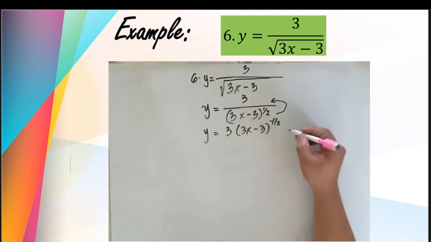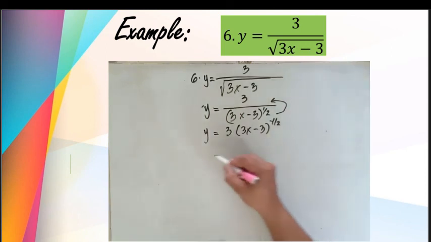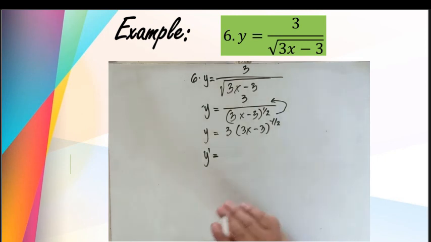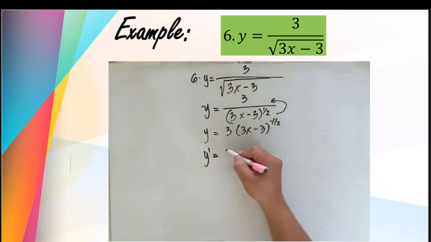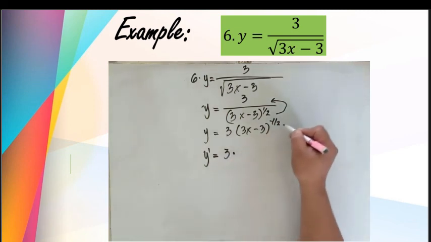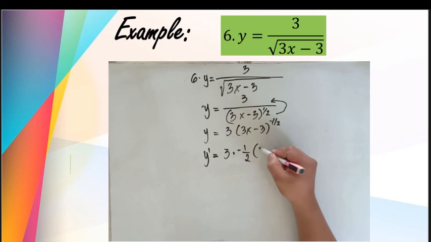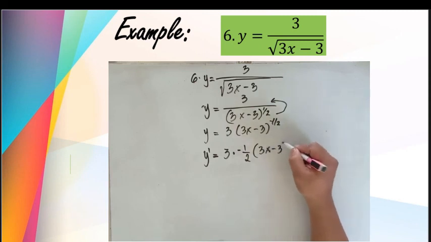So from this, I am now ready to apply the chain rule. Let's put prime on the y to indicate that we are now solving the derivative of that given function. So here, let's copy your 3 and multiply it to this exponent, which is negative 1 half. Copy your base, which is 3x minus 3.